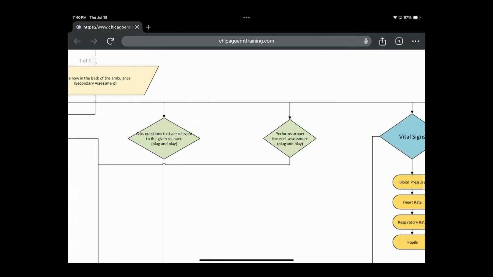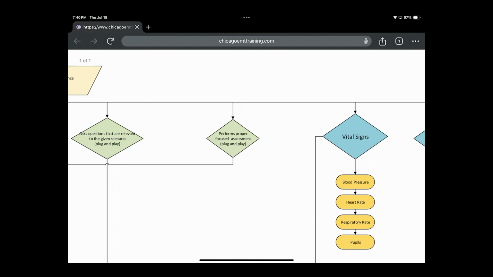And then if we were to move on to the proper focused assessment, this would include a physical. So the physical is like, think of like look, listen, feel, and sometimes even smell. So you're looking for certain things, you're feeling for certain things.